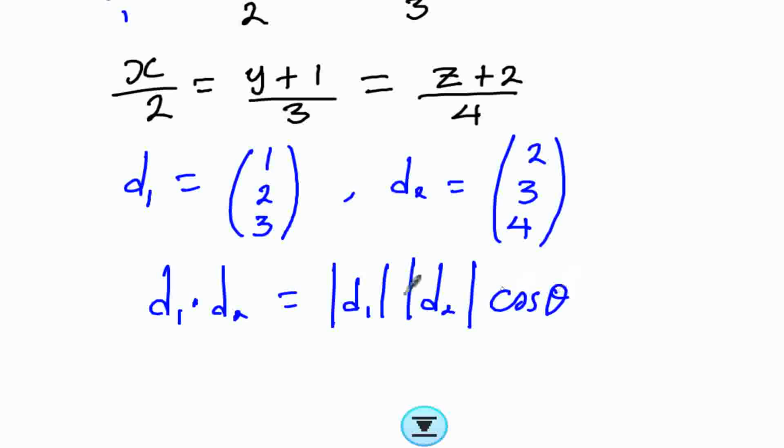So you have to find the dot of d1 and d2, then the magnitude of d1 and the magnitude of d2, from which we shall get the cos theta, and then after we find the cos inverse.